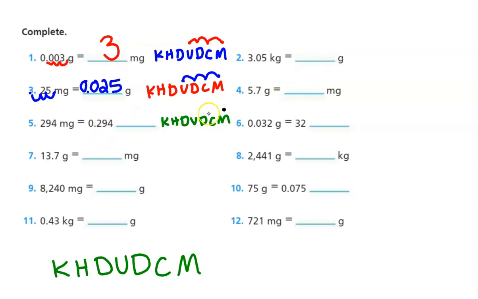So because of that, you're going to be measuring in an increment that's larger. So it looks to me like I went from 294 to 0.294. That would have been 1, 2, 3 shifts to the left. So that's all I need to do here. I just need to go 1, 2, 3 shifts to the left, and I would see that this 0.294 would actually be grams. Okay?